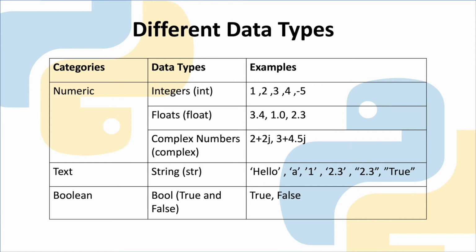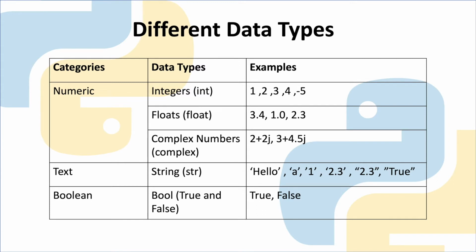I just wanted you to be aware that yes, in programming language, specifically Python, we do have complex numbers. And the way in mathematics you normally write a real part and imaginary part, it's the same thing. But in mathematics, normally for imaginary part, we use an I, but in programming, we use a J. All right, so just keep that in mind. If you type an I instead of a J, you will get an error.